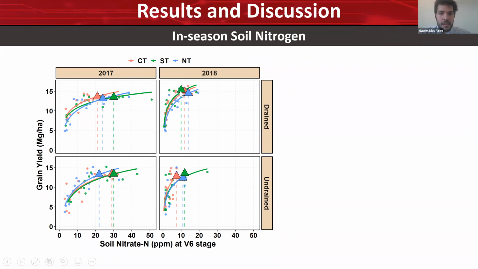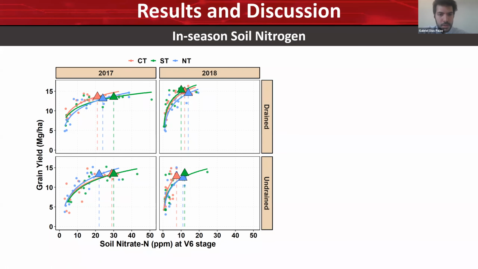And these triangles here indicate the grain yields at UNR and the amount of soil nitrogen that was required to reach that grain yield at UNR. And the idea here would be to use in-season soil nitrogen information to inform the need or not for nitrogen application.